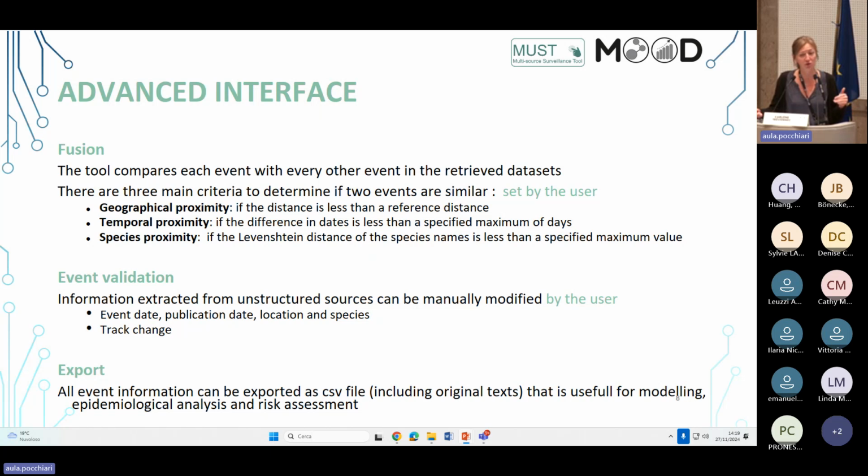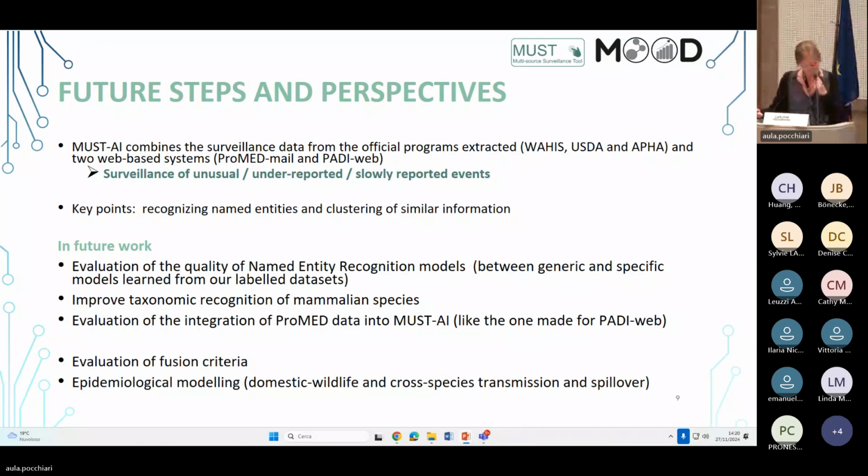We keep all the track changes, so every user can validate the events manually. It will provide a more comprehensive data set to train the model later. And then we also have the export component to export a CSV file to conduct epidemiologic analysis for modeling and risk assessment.